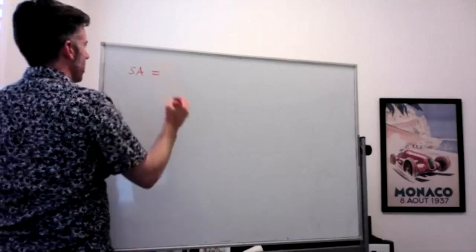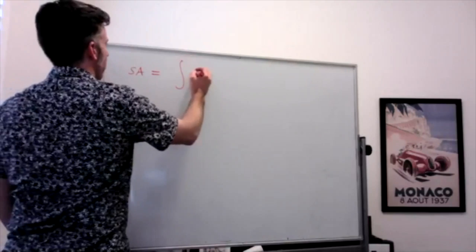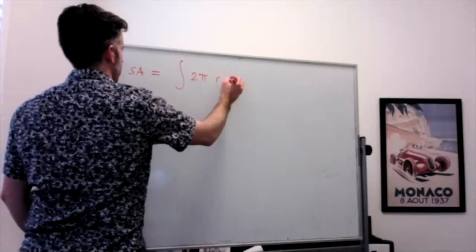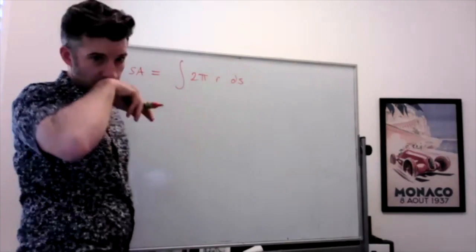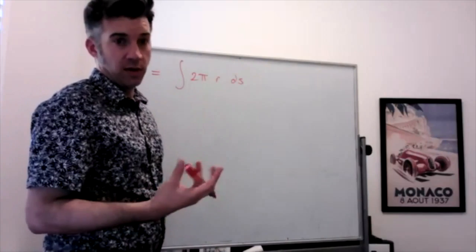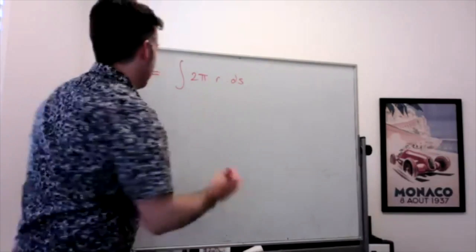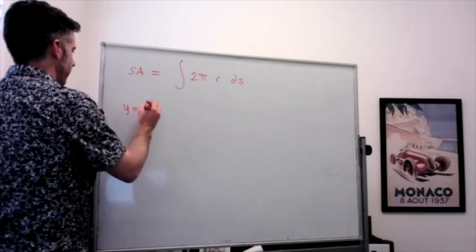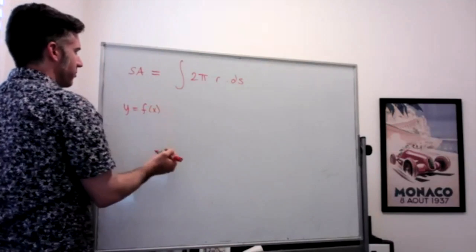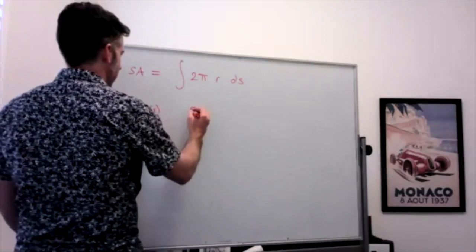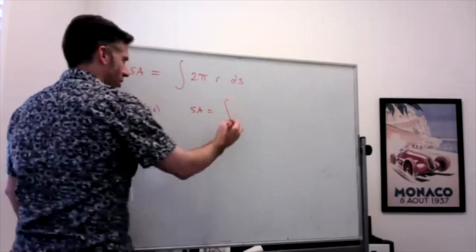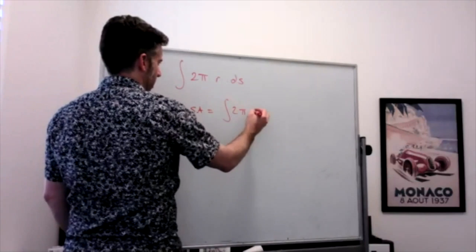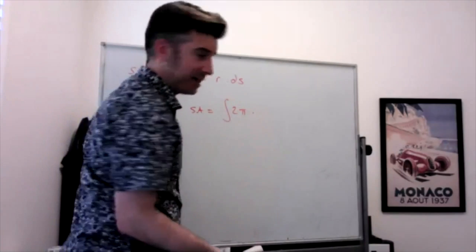So surface area, very generally, is the integral of 2 pi r ds. When we were doing this with y as a function of x or x as a function of y, if you had y as a function of x, you would get the surface area to be the integral of 2 pi times, well, it depends on what axis you're going around.